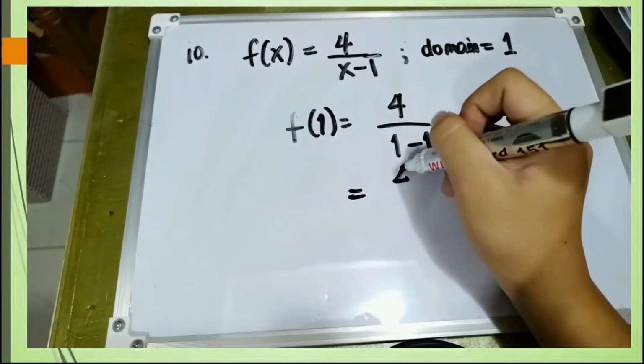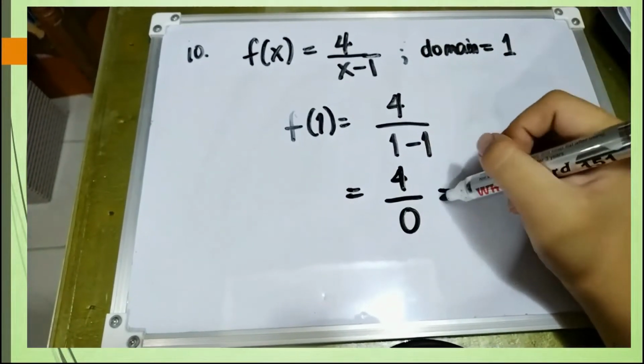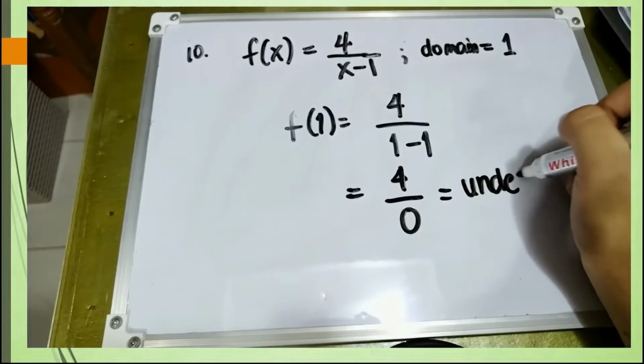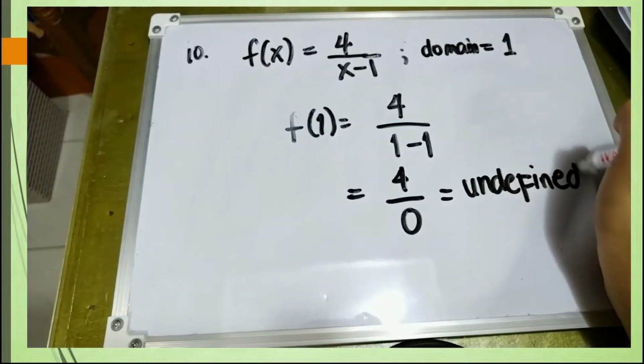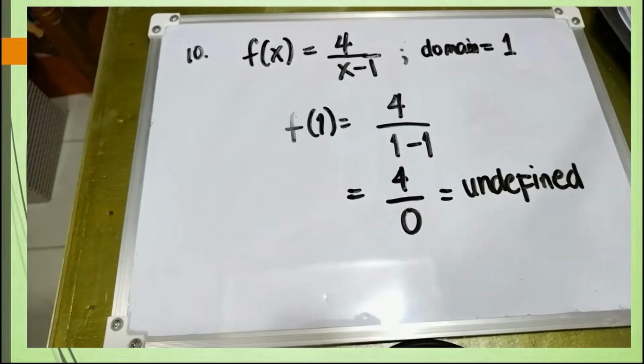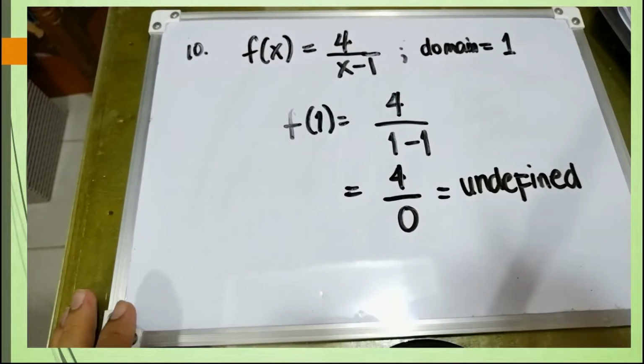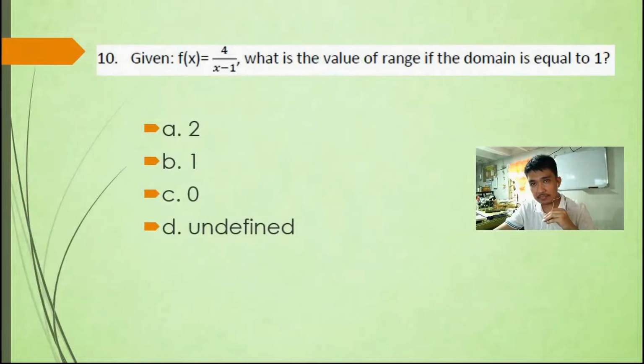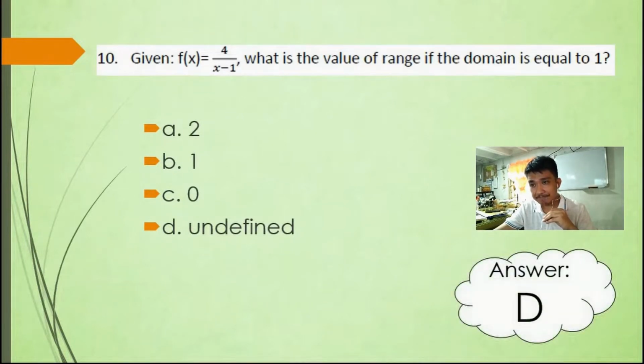So, that is 4 over 0. It means it is undefined. Now, the answer is letter D, undefined.